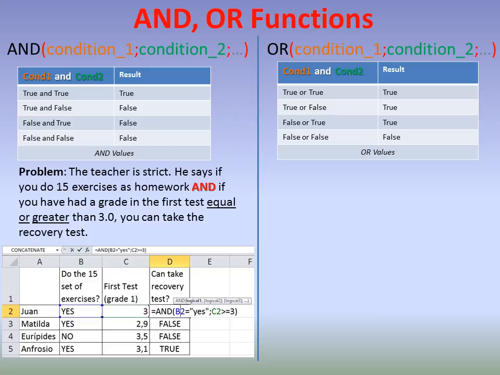So text between quotations; numbers, you don't have to write between quotations. Again, pay attention to the syntax of the function. Equal, AND, open parentheses, write the first condition, semicolon, write the second condition, close parentheses.